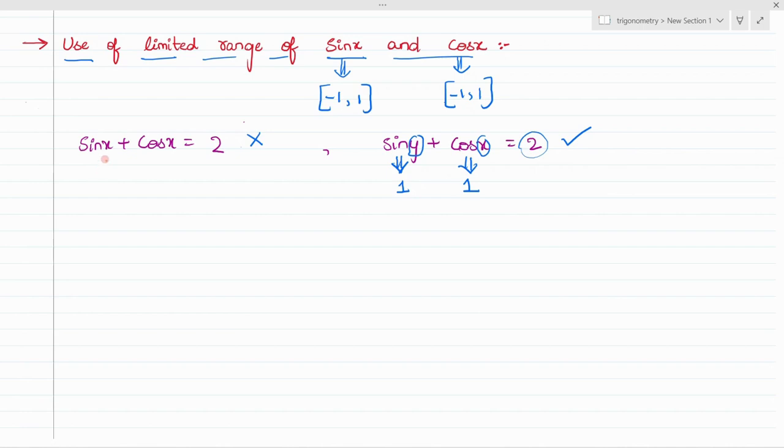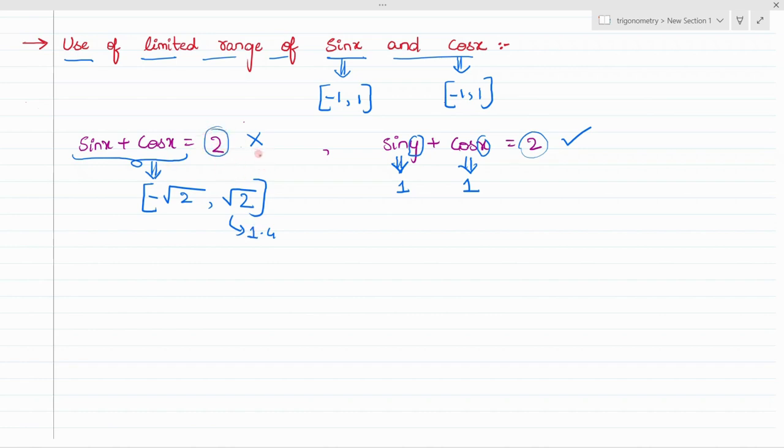But when you see sin x plus cos x, for this kind of expression we have already discussed the range. It will be minus under root a square plus b square to plus under root a square plus b square, that is minus under root 2 to plus under root 2. So under root 2 is nothing but 1.4 something, which is less than 2.